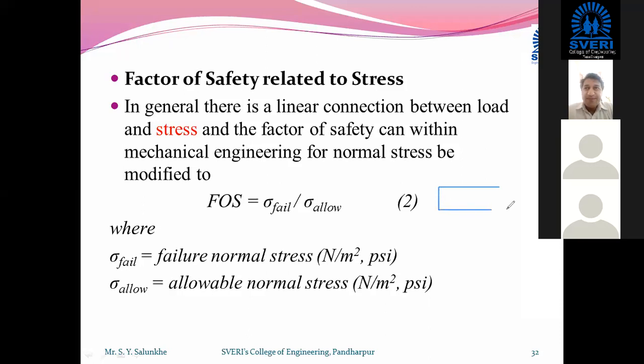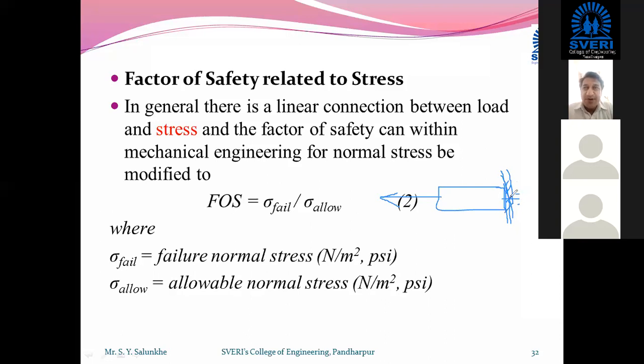Yes, sir. Suppose we consider this as subjected to tensile load, that is applied from both sides. If this side you fix to some wall or some rigid body, then the rigid body also provides a reaction force in that direction.